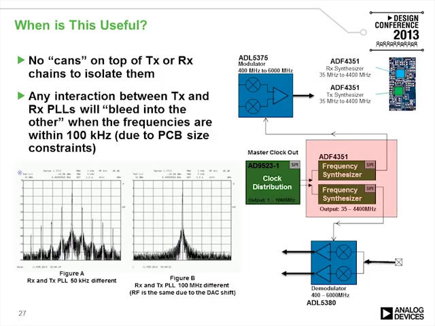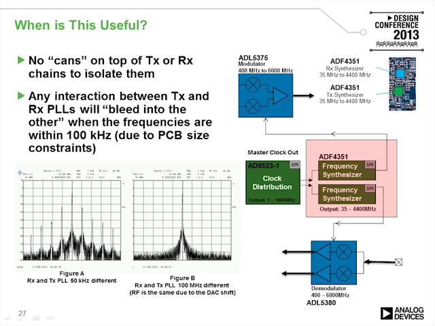So, when are these kinds of things useful? On the first implementation that we did on our platform, the two LOs were fairly close together. We didn't put tin cans on top of things because we want people to probe on the PCB and get an idea of how things are acting and reacting to the different signals going through.